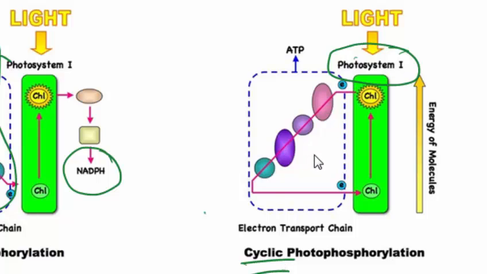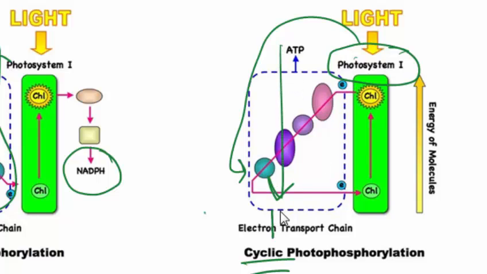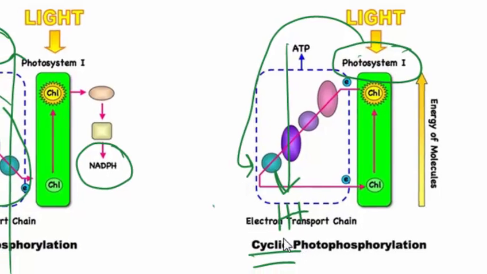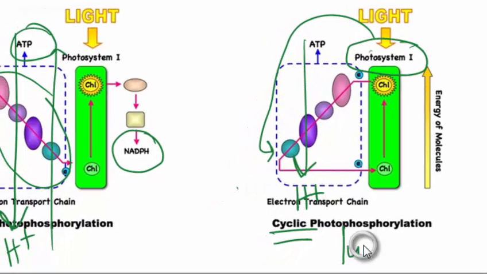In cyclic photophosphorylation, you are taking the electrons that come off of photosystem I, and instead of putting them in NADPH, you're sending them back to the end of photosystem II, not including photosystem II, and allowing the H pluses to be continually pumped across the membrane into the lumen of the thylakoid.